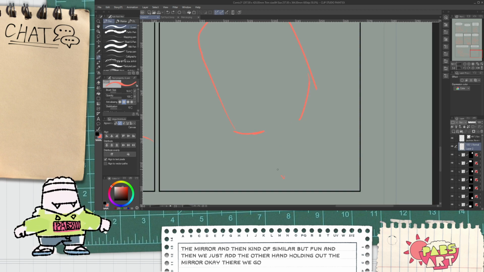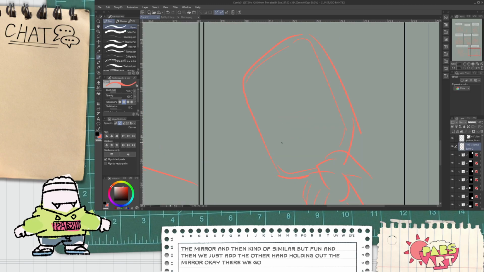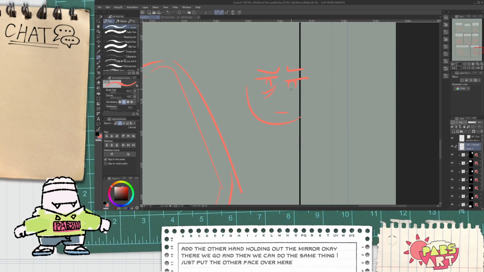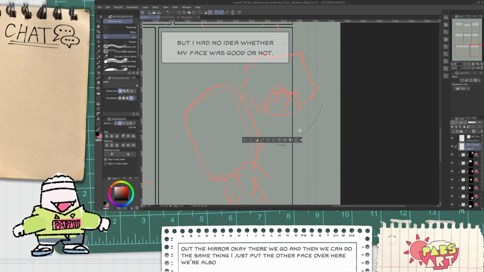Okay, there we go. And then we can do the same thing and just put the other face over here. We're also going to need to skew the image a little bit on this side.